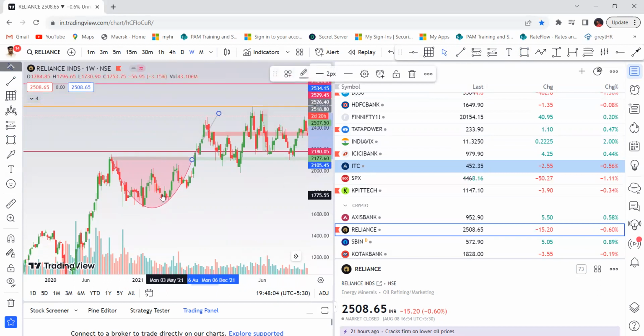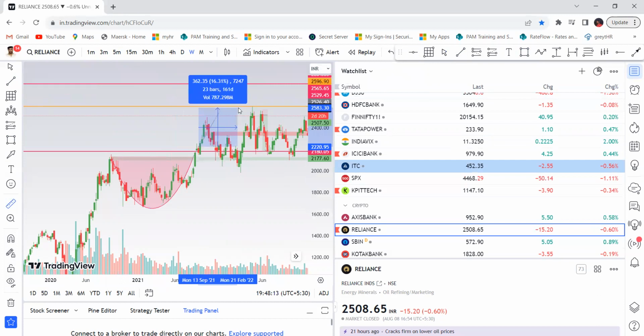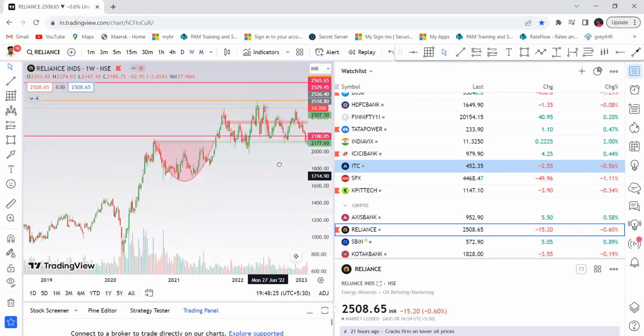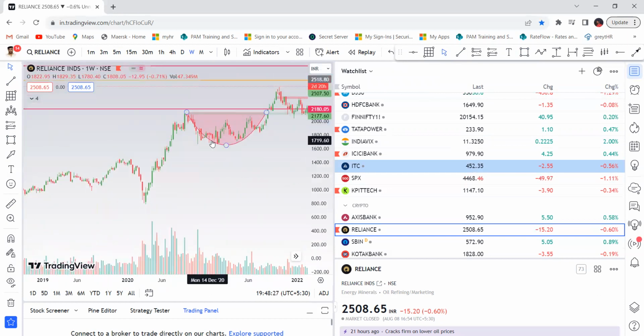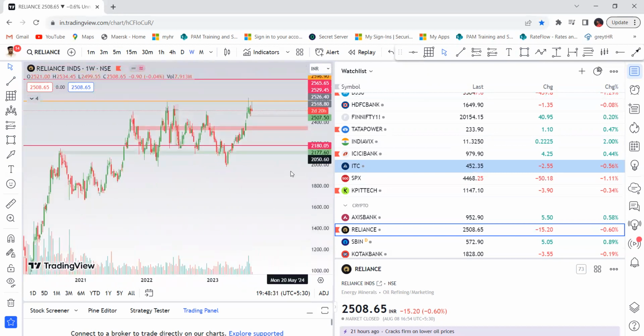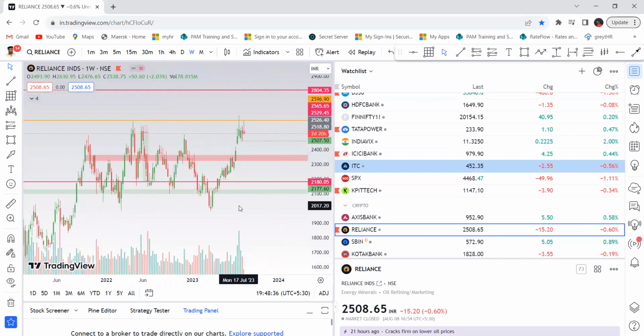See, in the weekly, if you would have bought Reliance after breaking this, it would have made the target, which is about 13%. In 168 days, it has given 13% returns. So that's how you use the pattern. Once you scroll through the chart, you can literally see the patterns with your eyes.